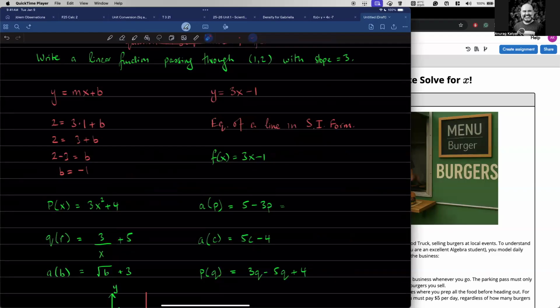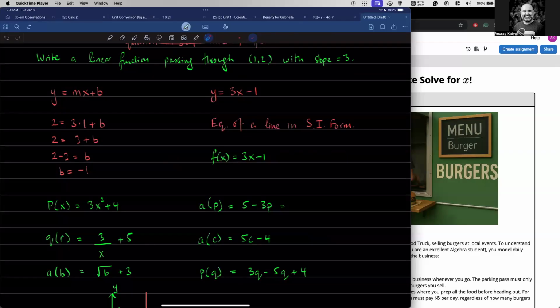Any guesses as to what type of function this is? I don't expect anyone to know. This is a rational function. This is the third family of functions we will talk about in this course. When the variable's on the bottom, that's what makes it a rational function.